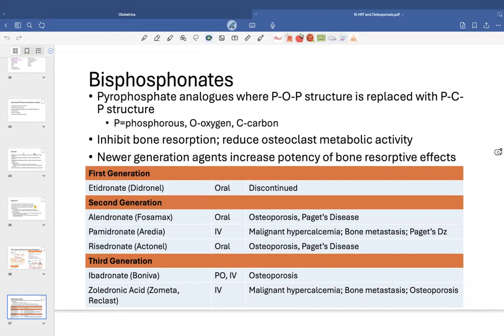And then third generation agents include ibandronate, Boniva. As you go from first to second to third, they become more potent, meaning smaller milligram doses produce stronger effects. And the newer agents have some other indications, for example, hypercalcemia and management of bone metastasis in cancer patients.